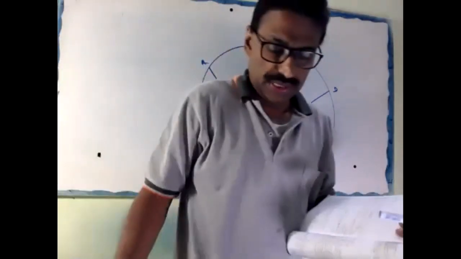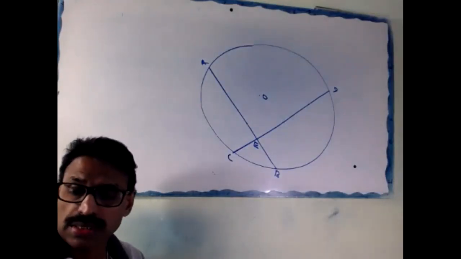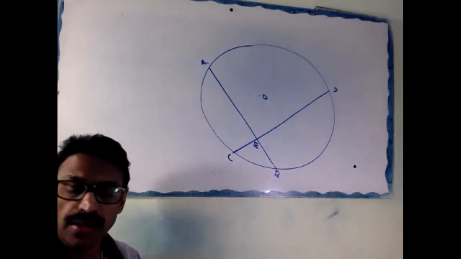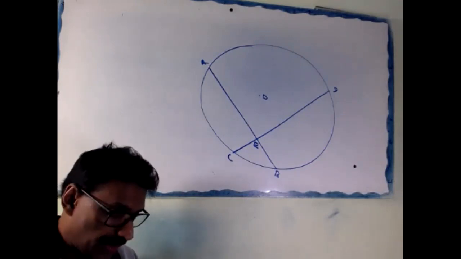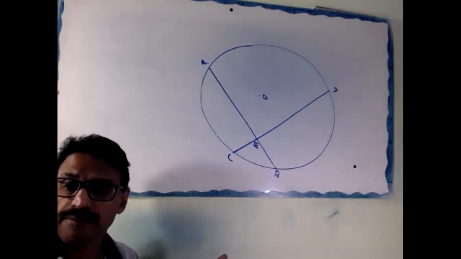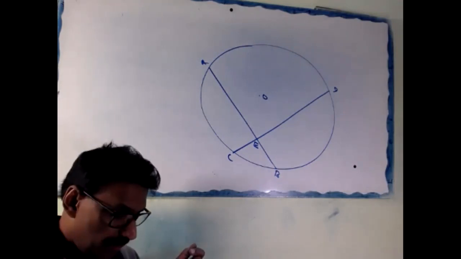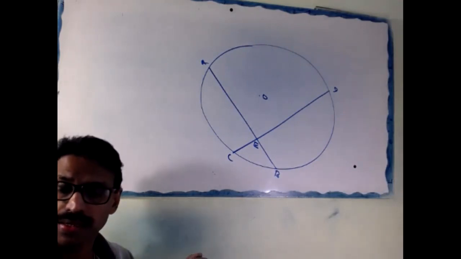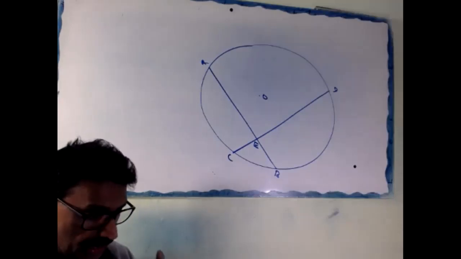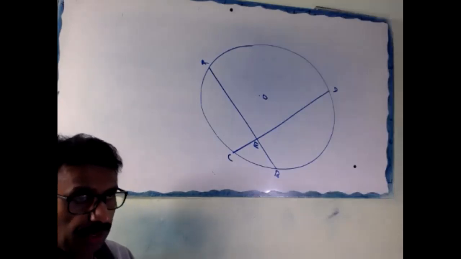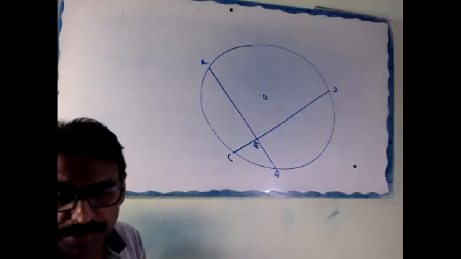Listen to the question. If two equal chords of a circle intersect within the circle, prove that the segments of one chord are equal to the corresponding segments of the other chord.